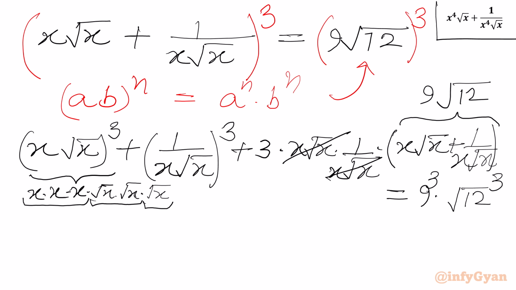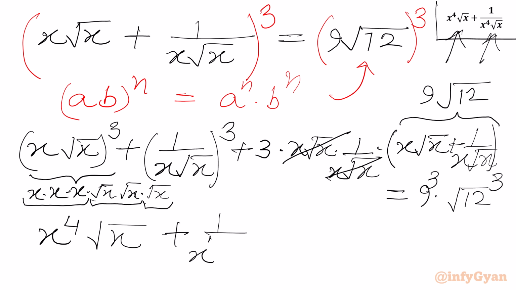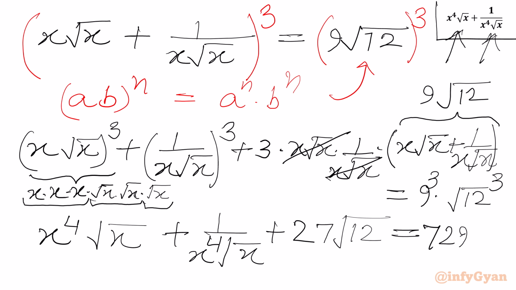So x root x whole cube will be x power 4 root x, which is required as per our expression, plus 1 over x power 4 square root x plus 3 times 9 root 12. So 27 square root 12, and right hand side 9 cube is 729, and then we will write 12 times root 12.